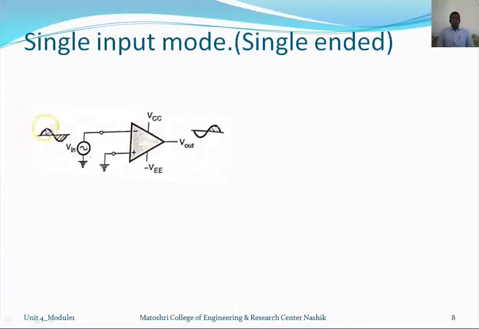Whenever we apply the input source on the inverting input terminal, the operational amplifier gives an inverted output, meaning we get a 180-degree phase shifted output during this single ended mode.